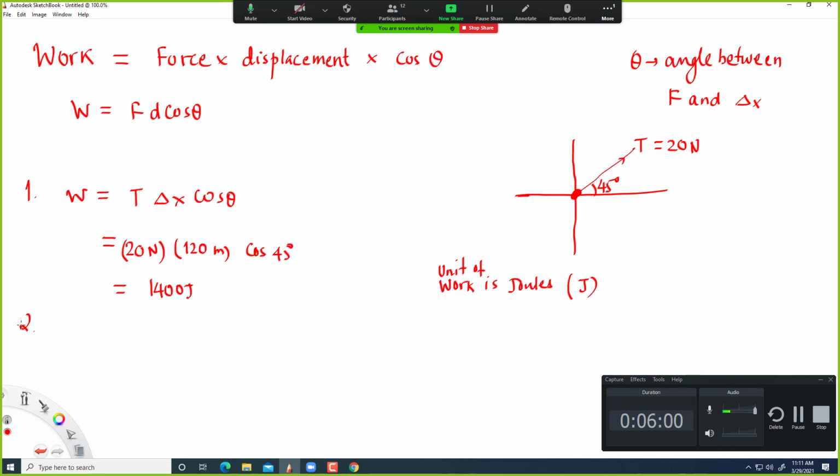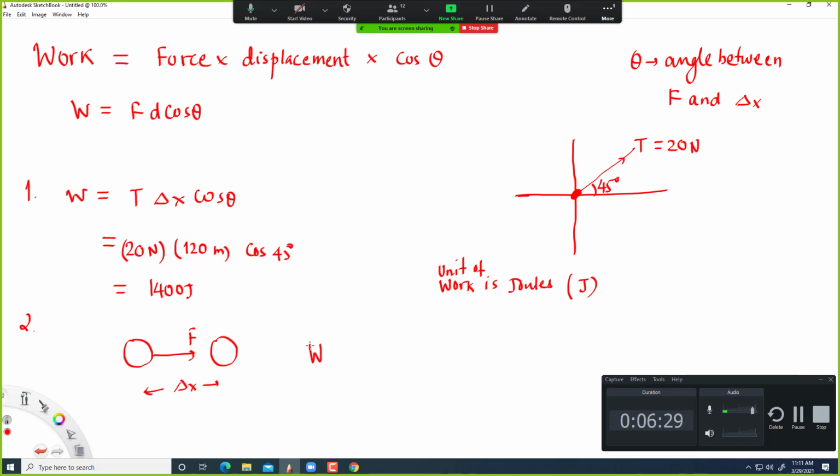Number two involves something called the work energy theorem. If you do work on an object, what happens to that work? Let's say you push or pull an object applying some force, and it is displaced by some distance, delta x.